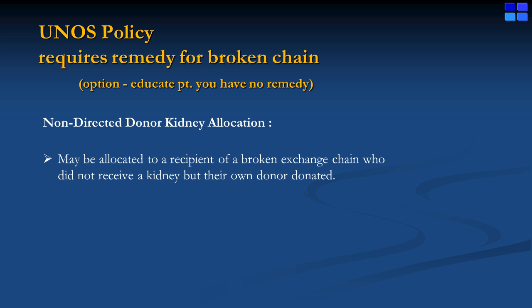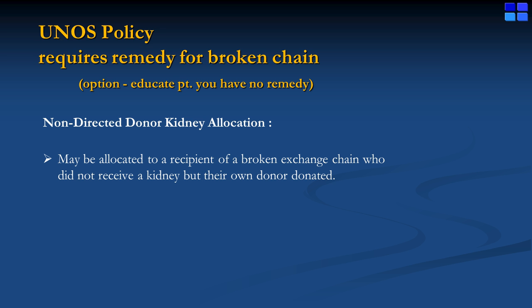In addition, and I'm definitely not pointing out all of the new policy, but just some of the things that I think stand out, UNOS requires, if you're participating in KPD, that you educate the patient and you have a policy for a broken chain. A broken chain is when the donor donates and the recipient does not receive a kidney in that match.